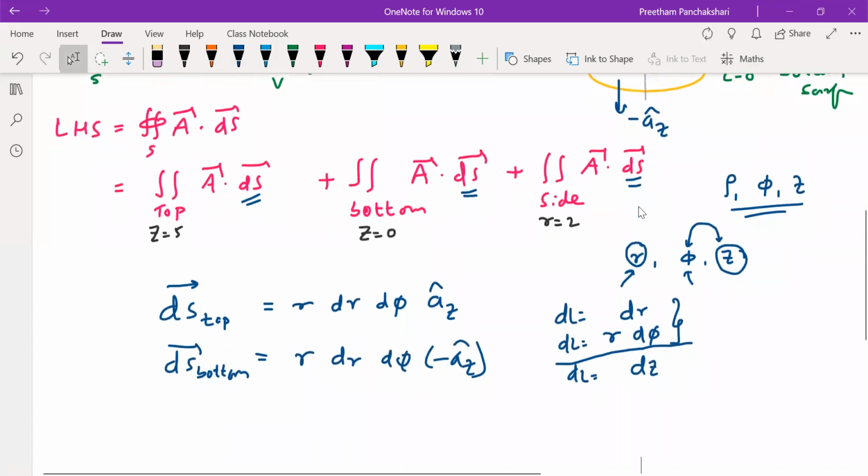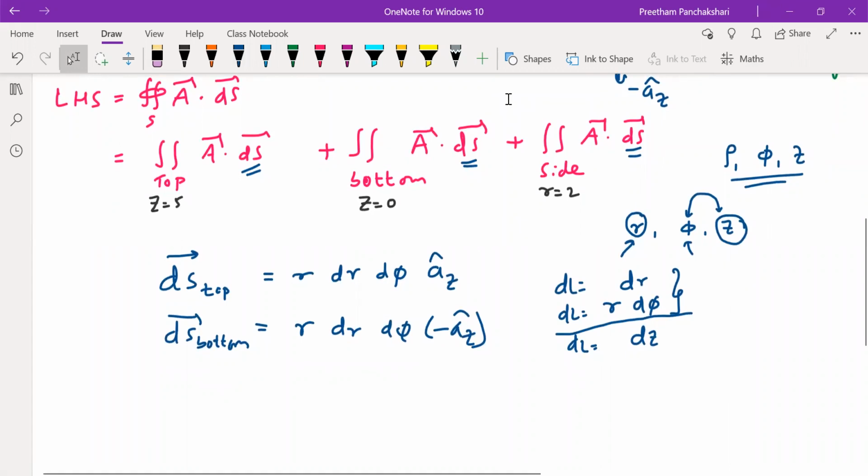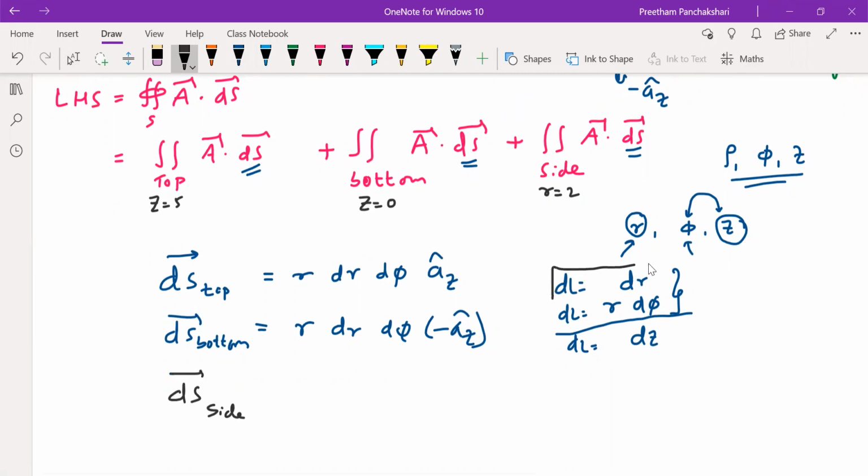In a similar way, when you want to write the differential surface element for the cylindrical side, we shall follow the same methodology. For this side, r is constant, so dr is 0. Change in radius is 0 for the given cylindrical surface.